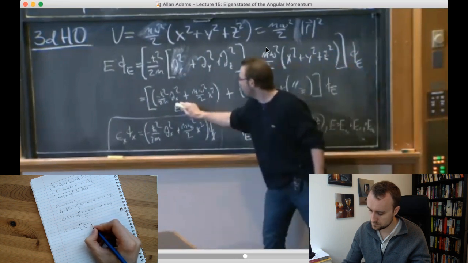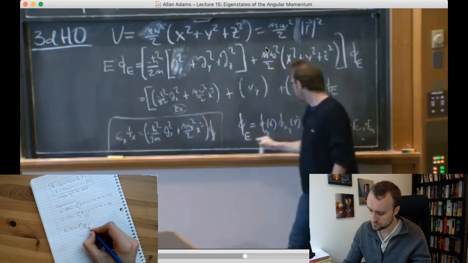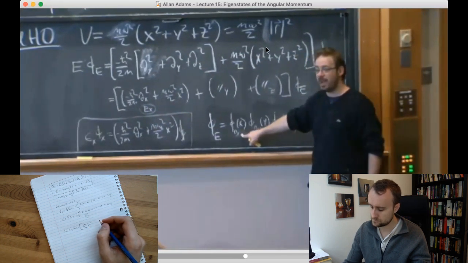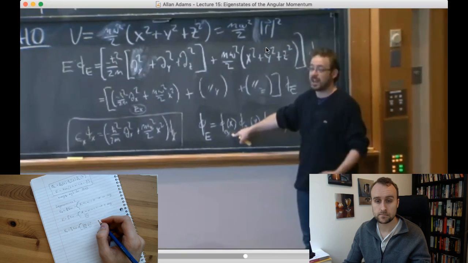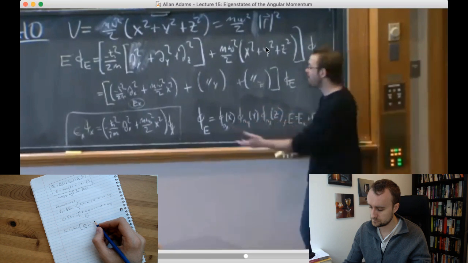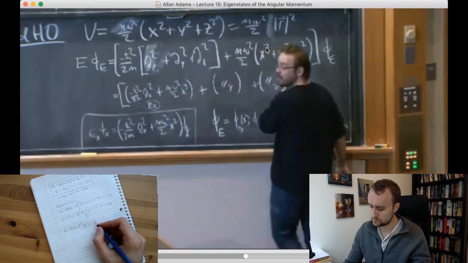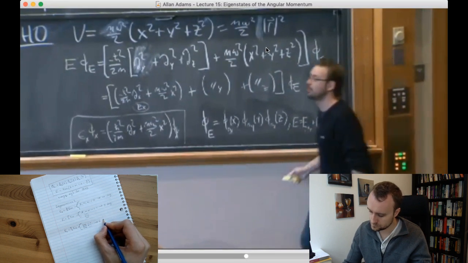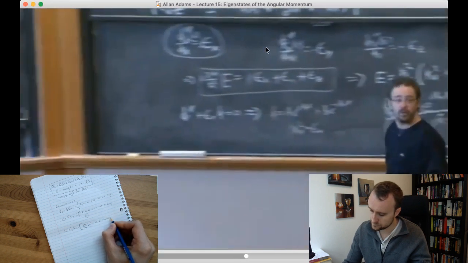The first one, which only knows about the x direction, sees the y and z parts as constants, and it hits phi x. What does it give us back? E on phi x is just h bar omega times n plus 1/2. Ditto for the others. So the energy is the sum of the three energies. Is that cool? Okay, good. Other questions? Yeah.